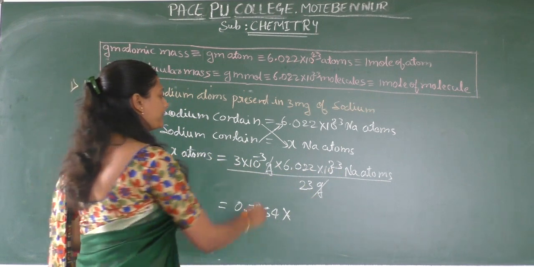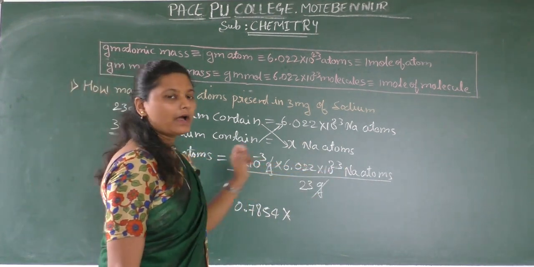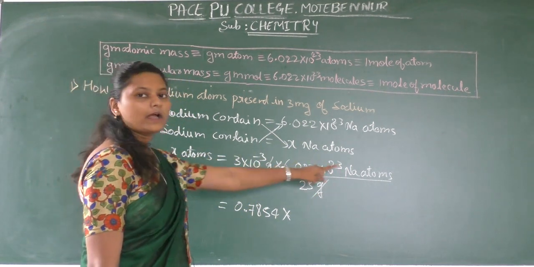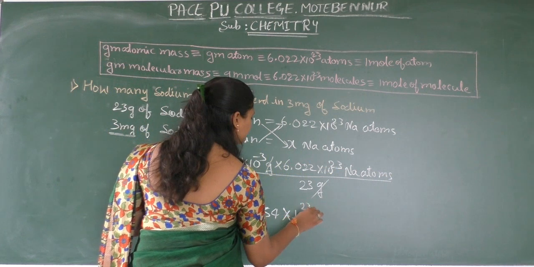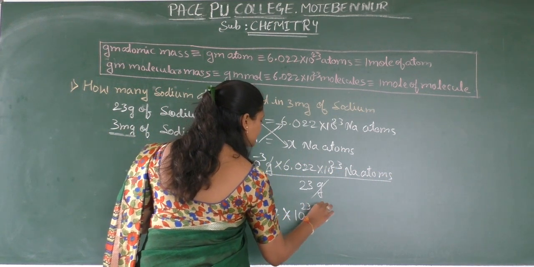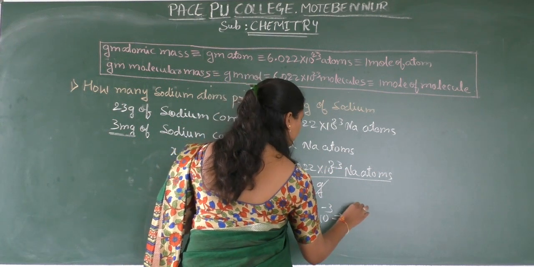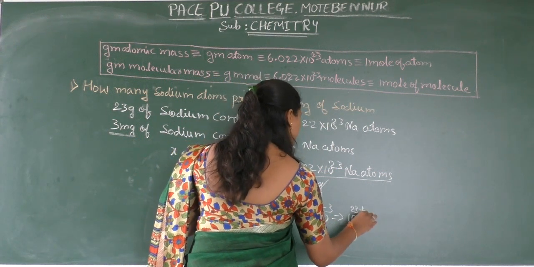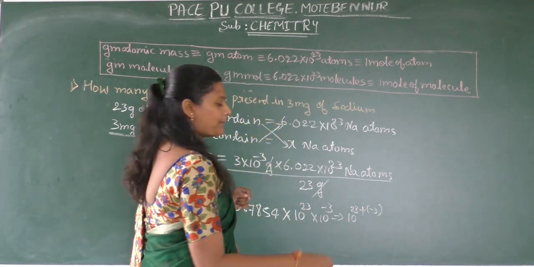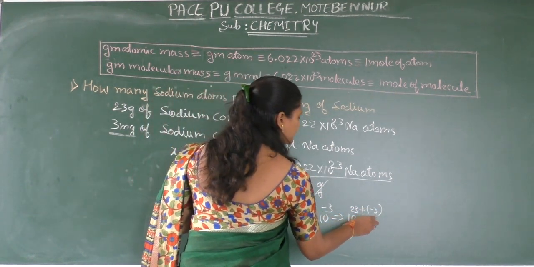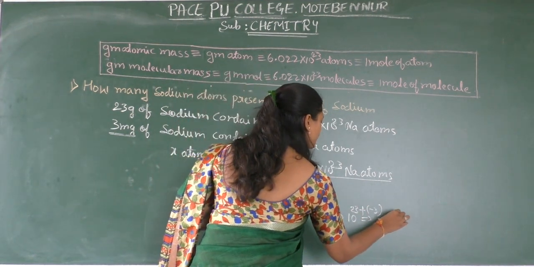So this is the multiplication. In multiplication we are going to add the exponents. Okay, so here 10 raised to 23 into 10 raised to minus 3 will become 10 raised to 23 plus minus 3. So plus minus will become minus. So 10 raised to 23 minus 3 is 10 raised to 20.